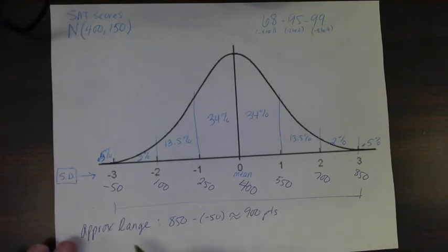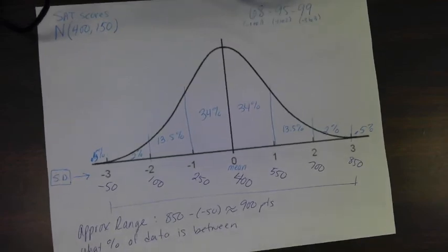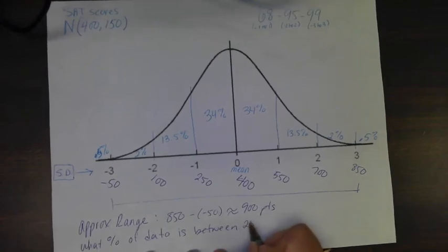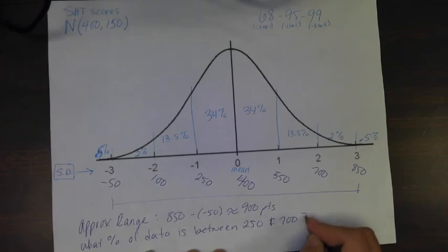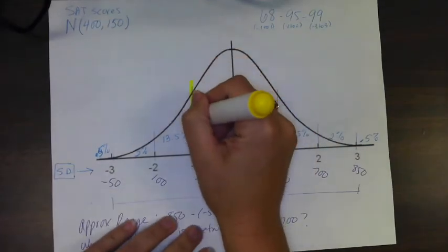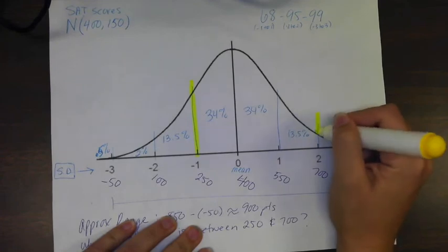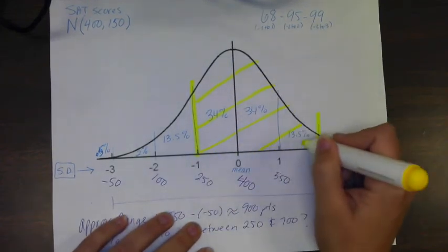And then they ask questions like, what percent of the data is between, and then they give you two scores. So like, let's say I say between 250 and 700. What percent of the data is between 250 and 700? So if I find those two values on my curve, they're asking me what percent is this whole section.